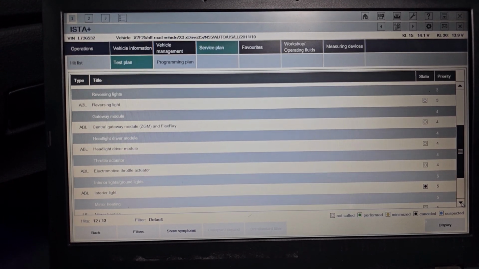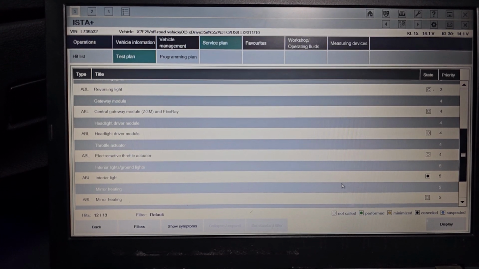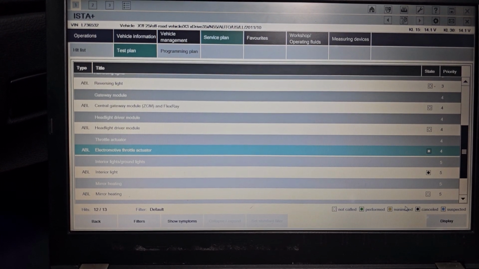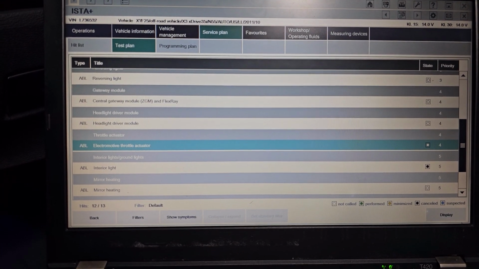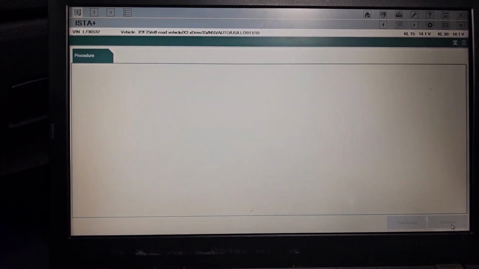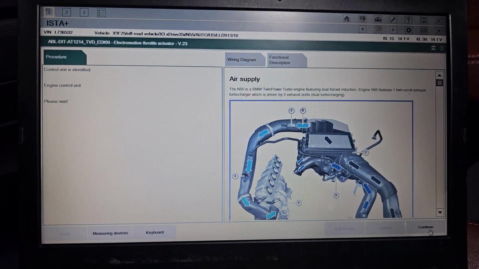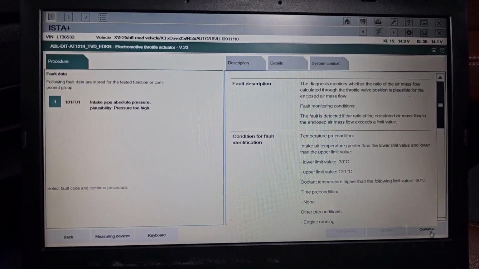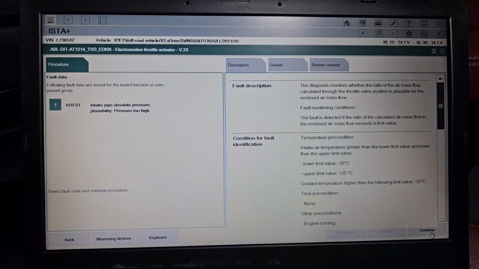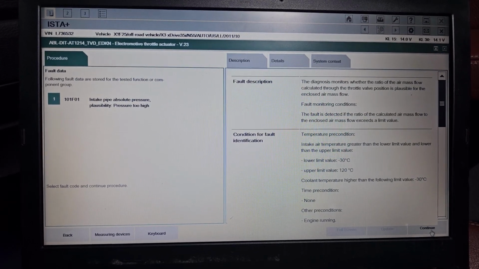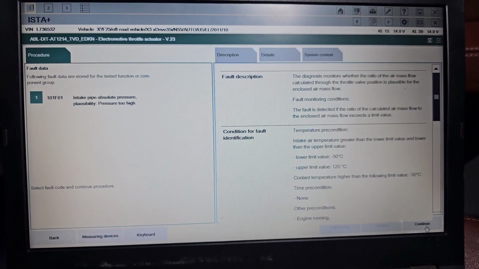electromotive throttle actuator. Is this what has this code here? Is that what you mean by seeing this pressure pipe? Yes. Intake pipe absolute pressure, plausibility pressure too high. This is our code. It gives you the diagnosis description.